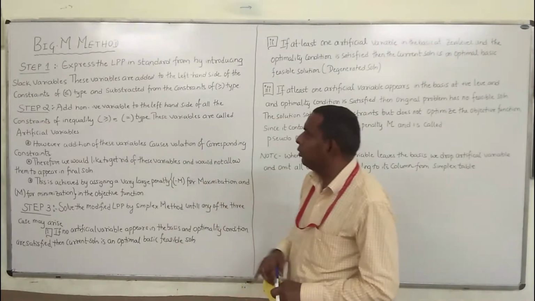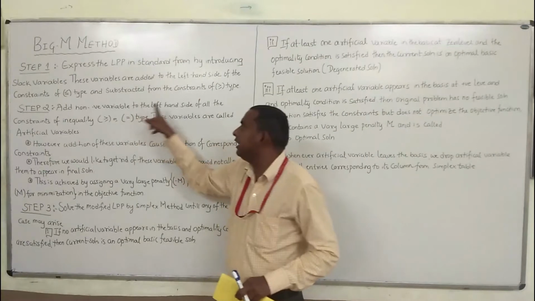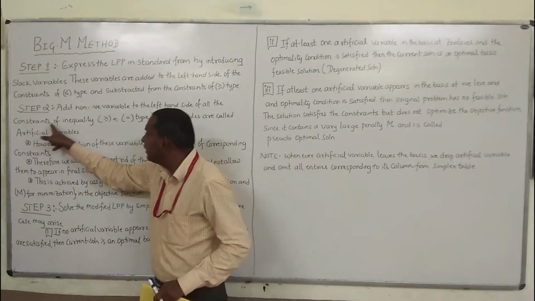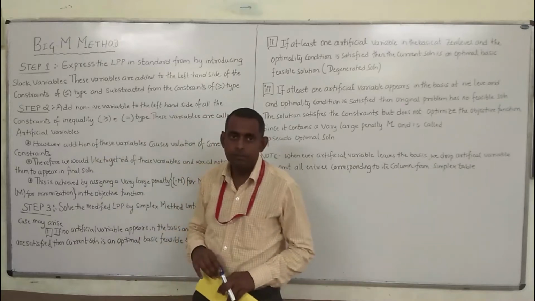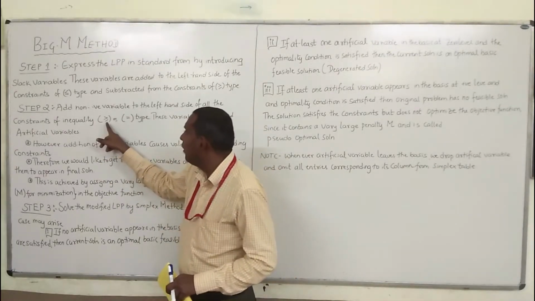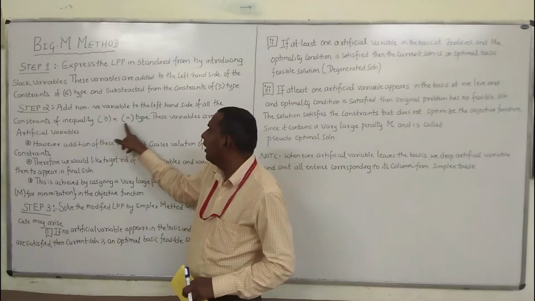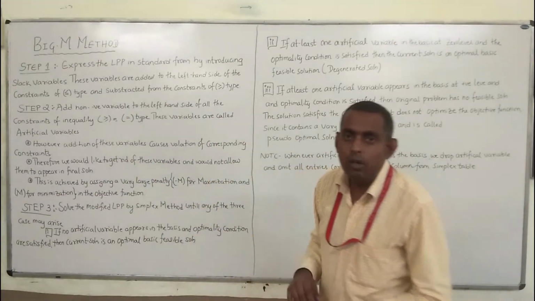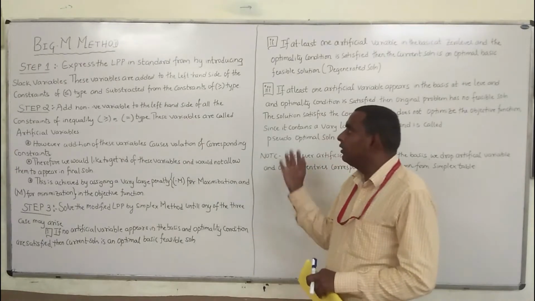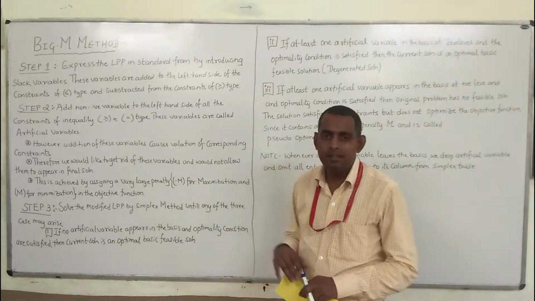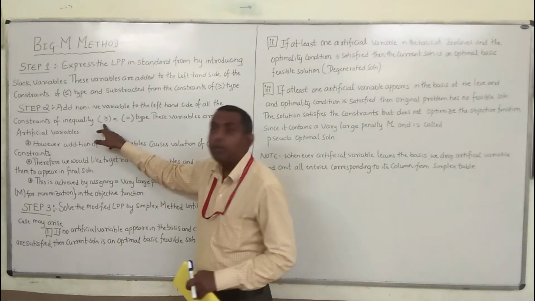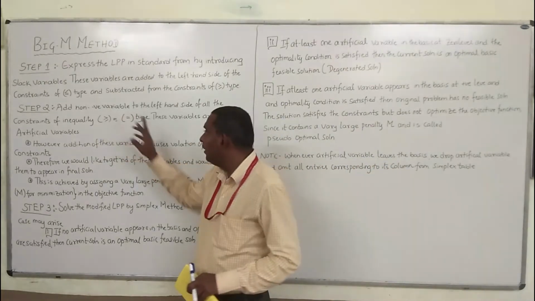In step number 2, add non-negative variables to the left hand side of all constraints of type greater than or equal to, or equal to.